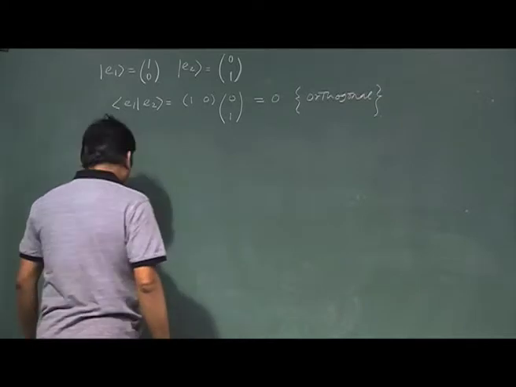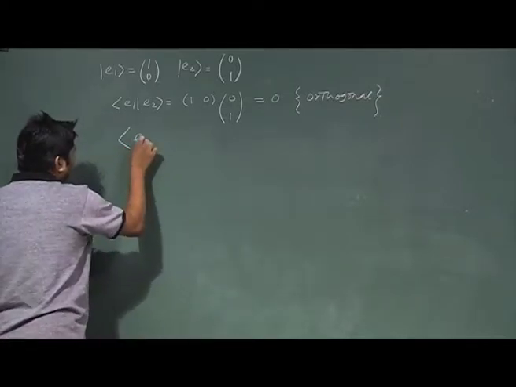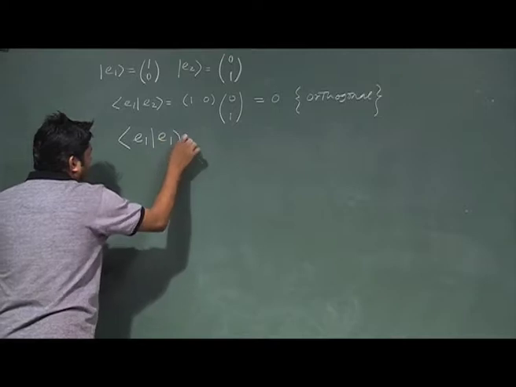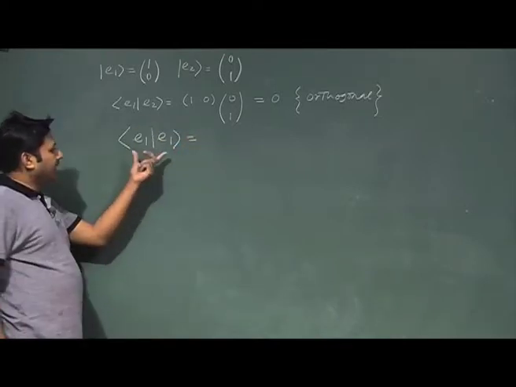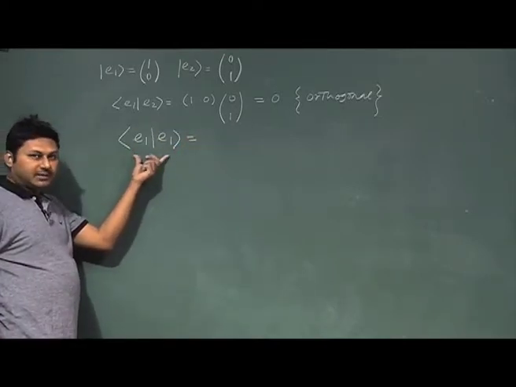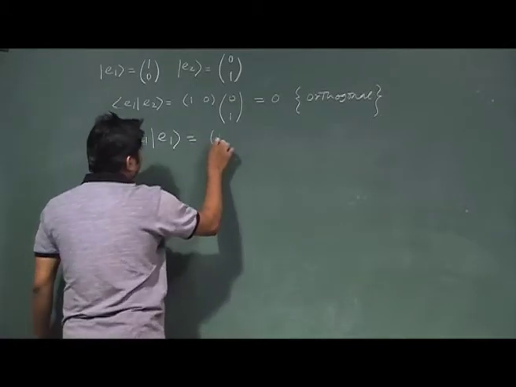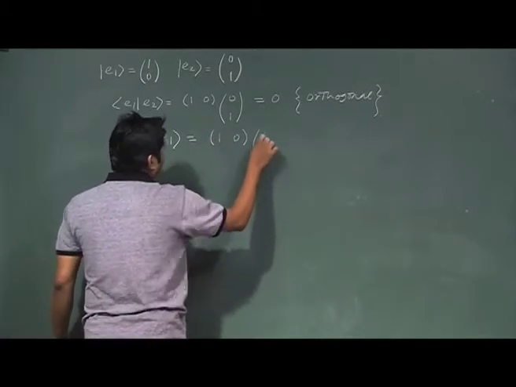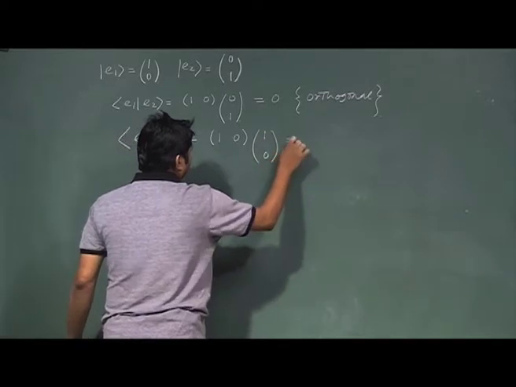The next thing is that I will do the same thing, but I am changing E2 to E1. I am making an inner product of the same quantity. So it will be 1 0 and also 1 0. So what I am getting is 1.